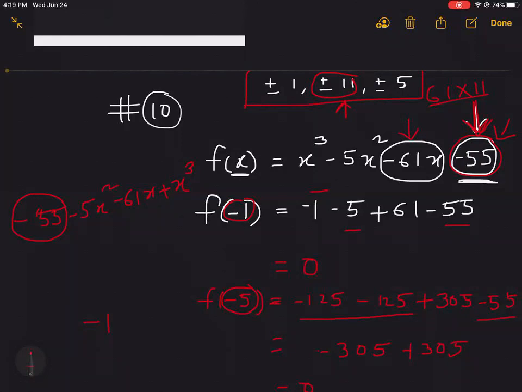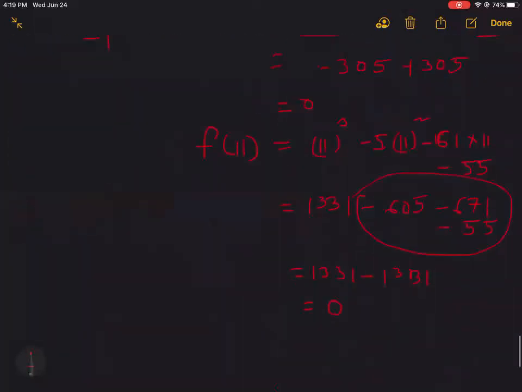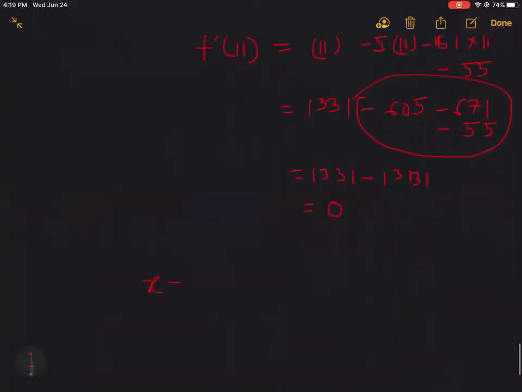Okay. And now the next part is pretty easy, because we know x minus the real zero is a factor. So our real zeros are -1, -5, and 11.